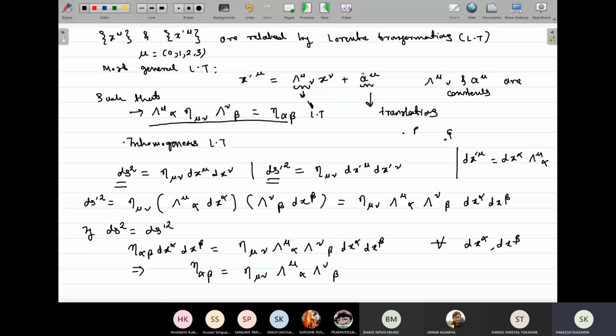Note that a mu I cannot fix by demanding the invariance of line element. So this ds square is called line element, infinitesimal line element or four distance, anything you may call it. So the Lorentz transformations are linear transformations in 3+1 dimensional Minkowski spacetime, satisfying this relation.